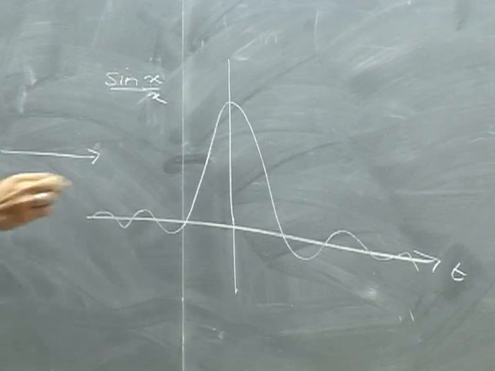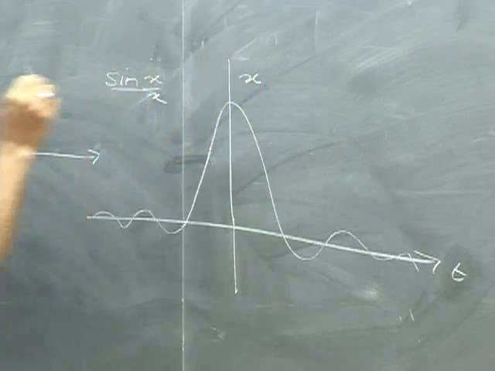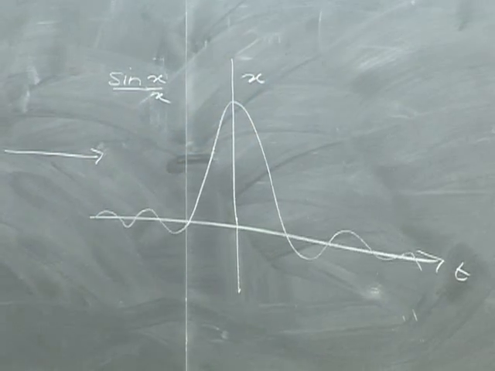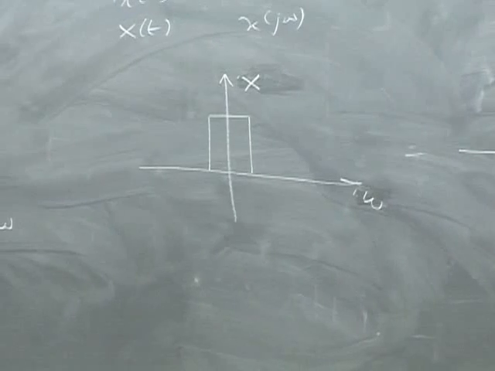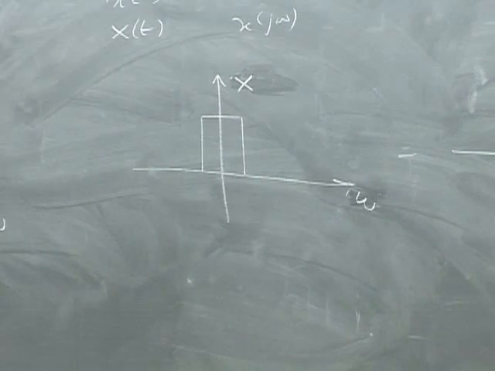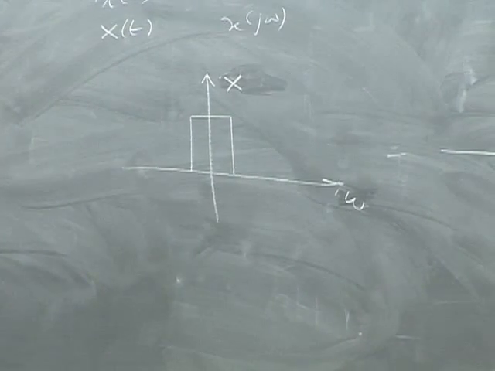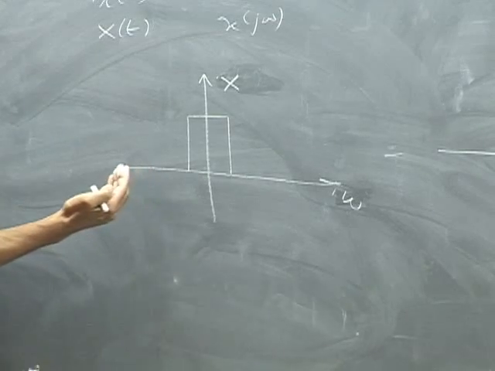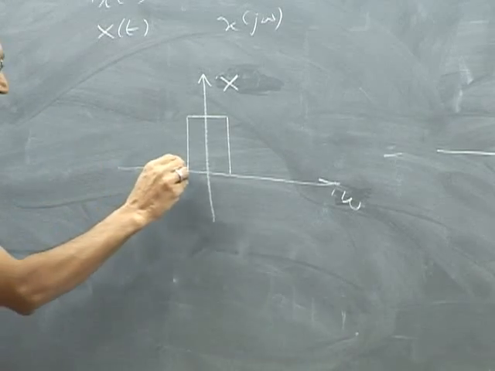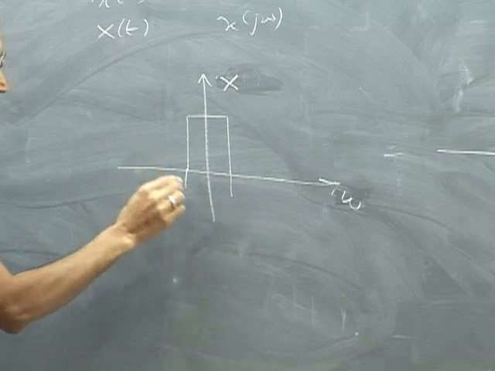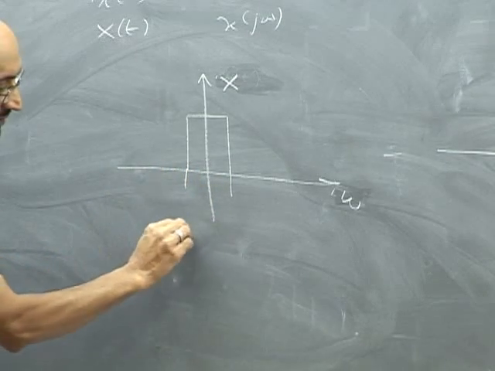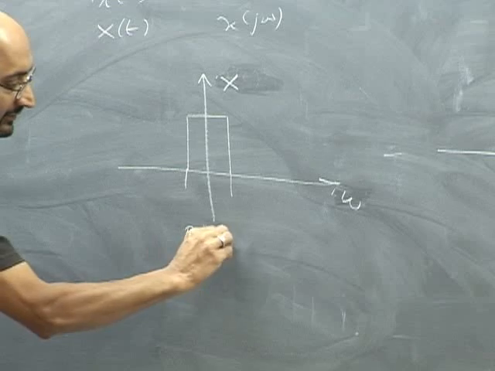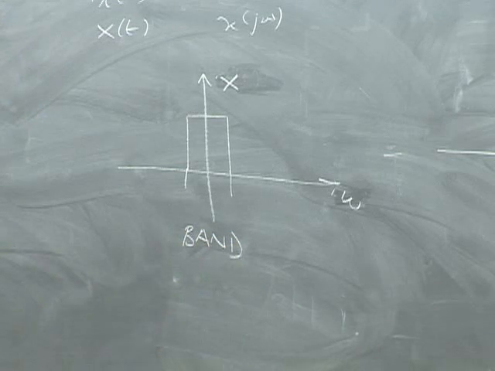Okay, so now this becomes x, and this becomes capital X. So in other words, if I have a function which in time looks like a sinc function, like so, then in frequency it's going to look like a pulse. What does it mean to look like a pulse? It means that there is what we call a frequency band, and the energy is completely contained inside this frequency band.